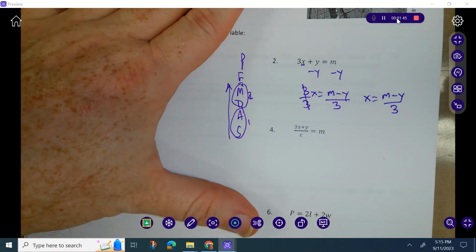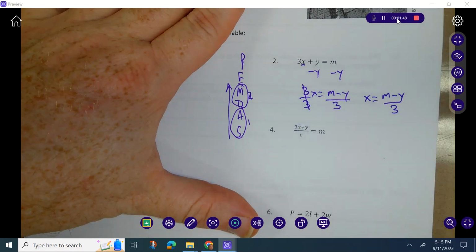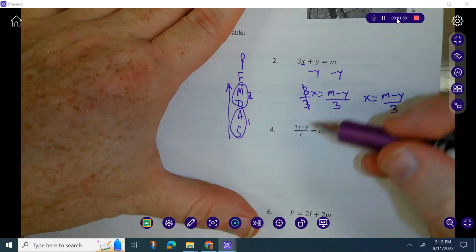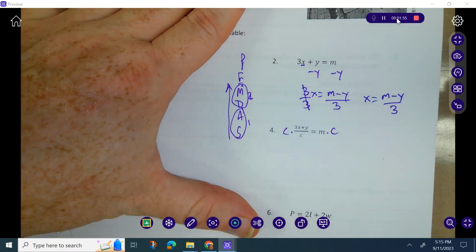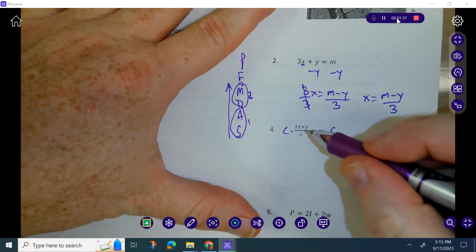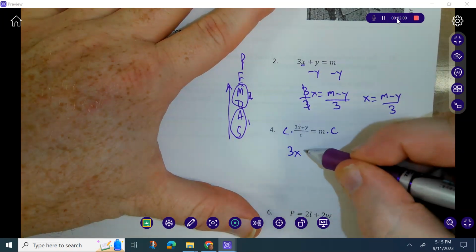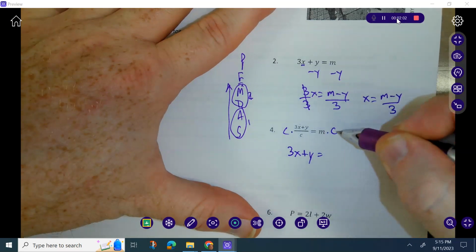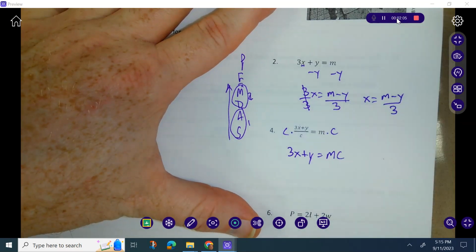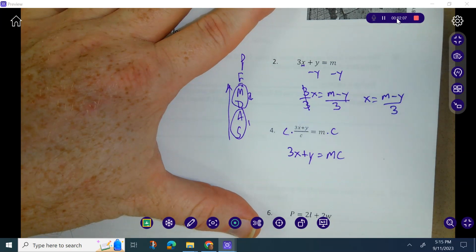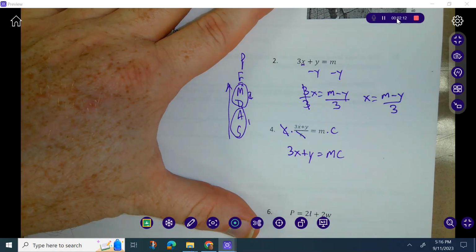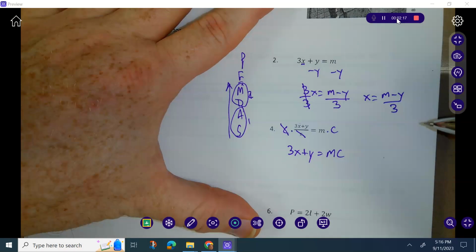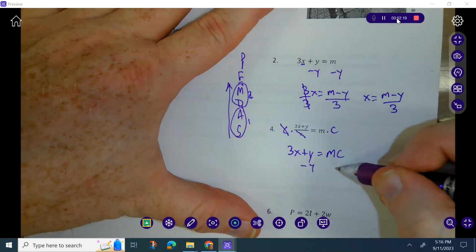So I just leave it that way. In number 4, I want to get x by itself, so I'm going to multiply both sides by c to get rid of the big fraction. That leaves me with 3x plus y equals m times c. And those c's cancel. Now I want to get x by itself, so I'm going to undo adding and subtracting. I'm going to subtract y from both sides.